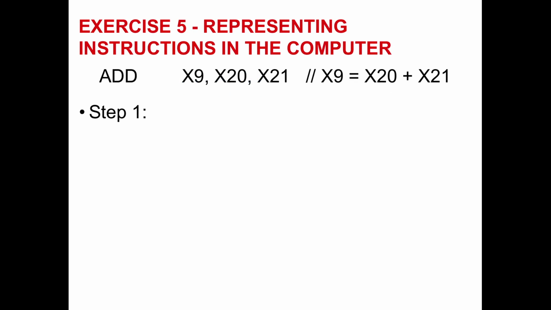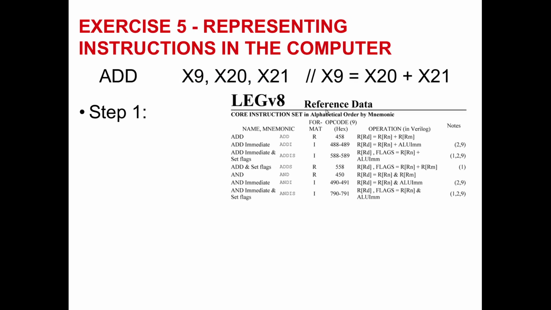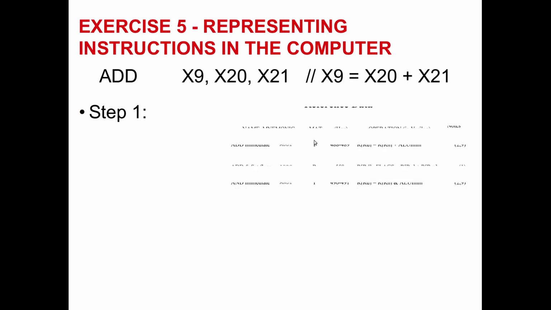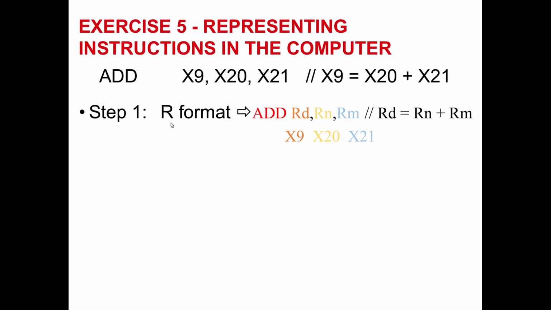So in step 1, we look into the LEGv8 reference data to find the ADD instruction, and we can find it here. The ADD instruction has the R format, so we know that it is R format. We look into our lecture, and we can find that R format has the form of ADD RD, RN, RM, where RD stands for destination, RN and RM stand for the two operands, in which RD will be equal to RN plus RM.